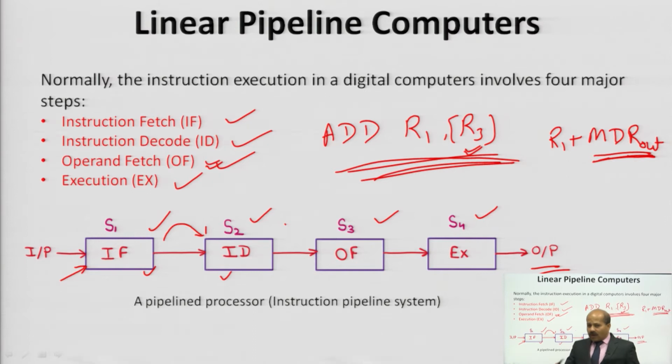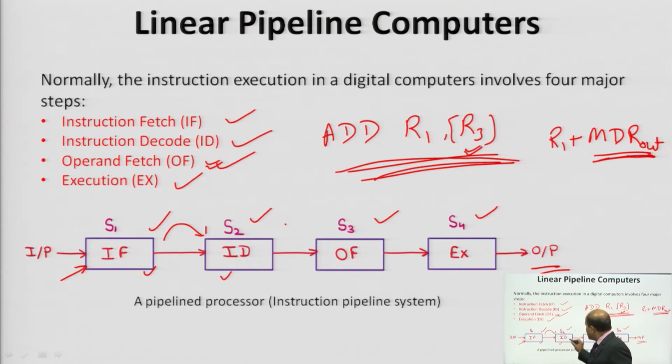So, how will this architecture help in increasing the parallelism, the efficiency, or the throughput of the system? If these four segments are working in parallel, then only can we say the parallelism is maintained by the system. The first instruction has been fetched and given to the instruction decoder.